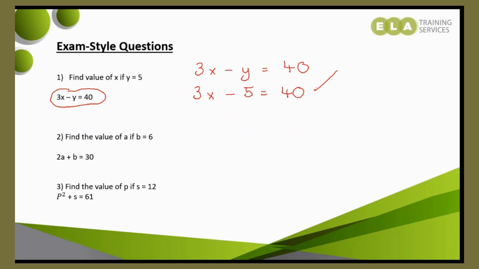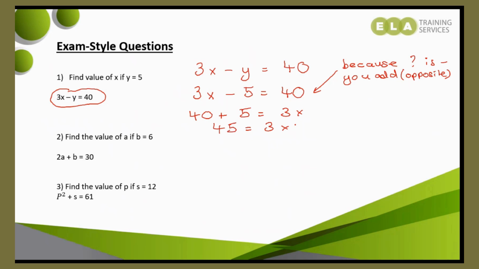So the easiest way to do it, because the question is a takeaway, you add. So you do the opposite, or what we call the inverse. So now we're going to write 40 add 5 equals 3x. And we now know that 45 is equal to 3 lots of x.